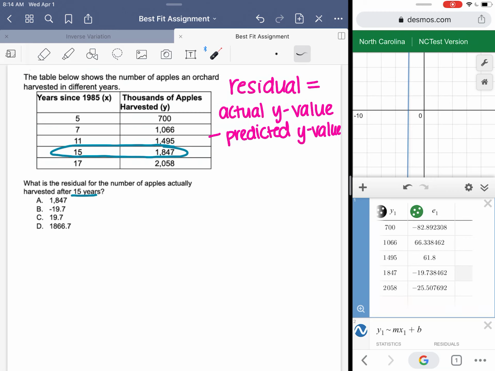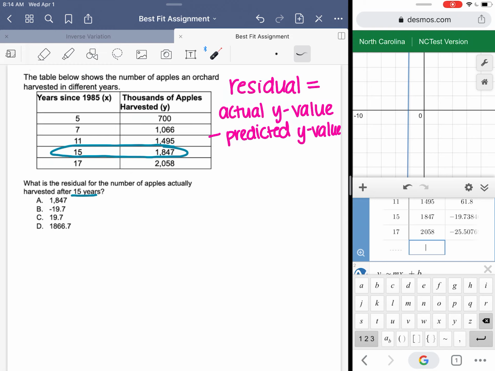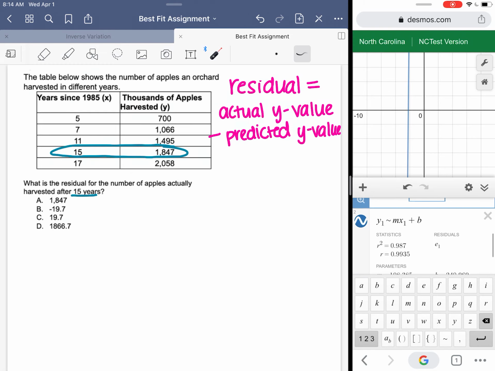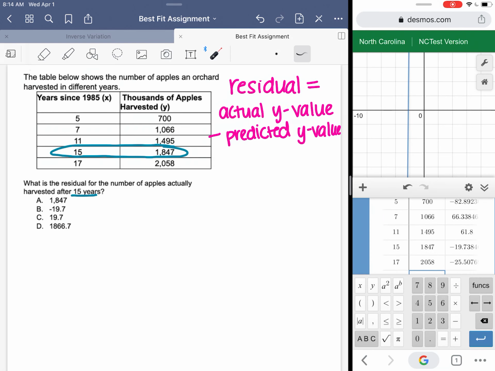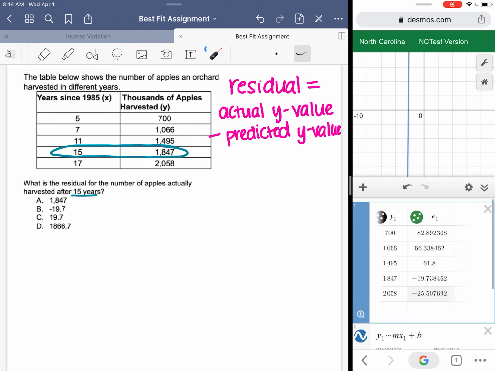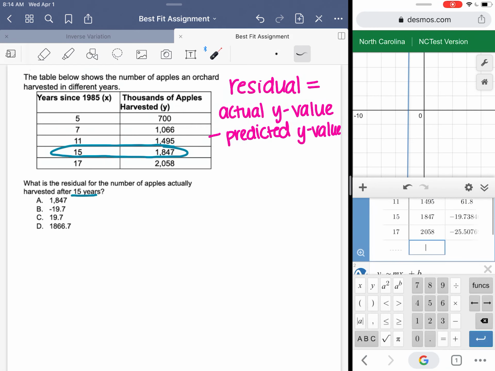So in year 15, it says that the actual amount was 1,847 and the residual is negative 19.7.